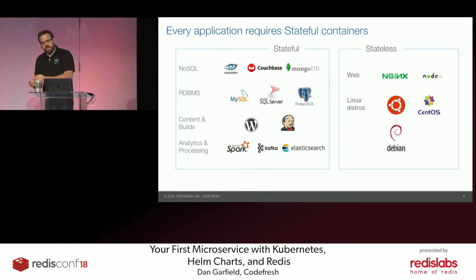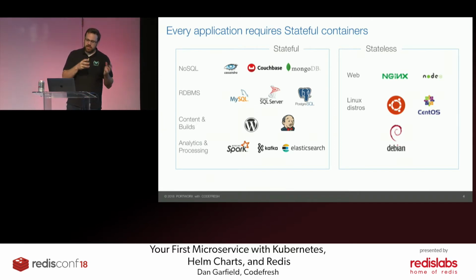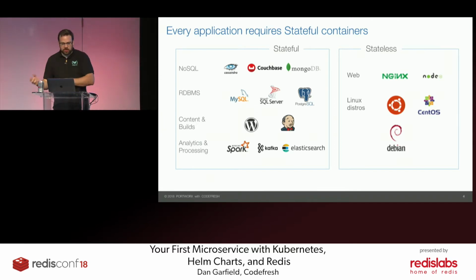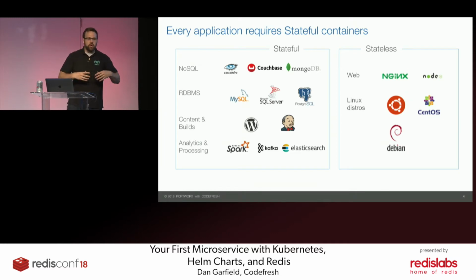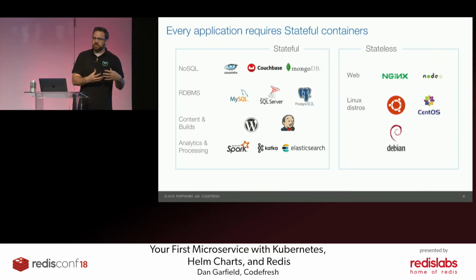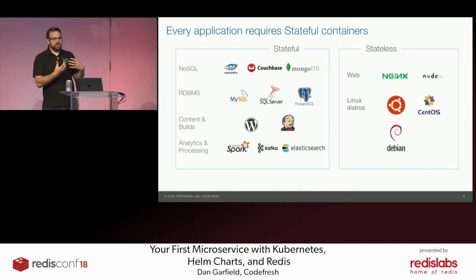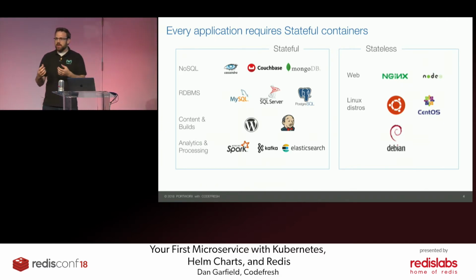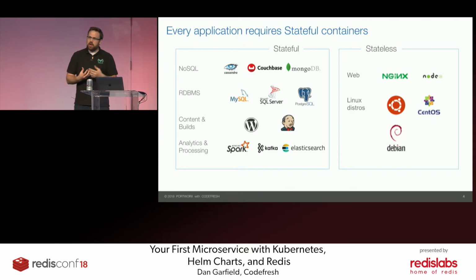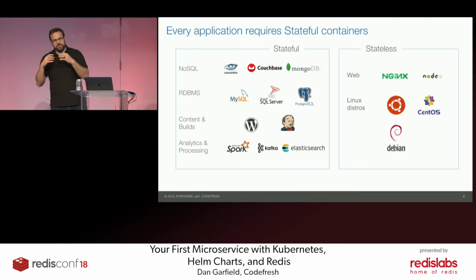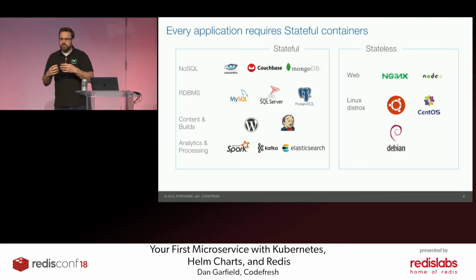And then you have your stateful applications, like Cassandra and MySQL and Spark and Kafka and all these things, where they need a volume that's going to be persistent. And we have two different kinds of state: the state of the data and the application state. And for the purpose of this talk, we're not really going to delve into application state.